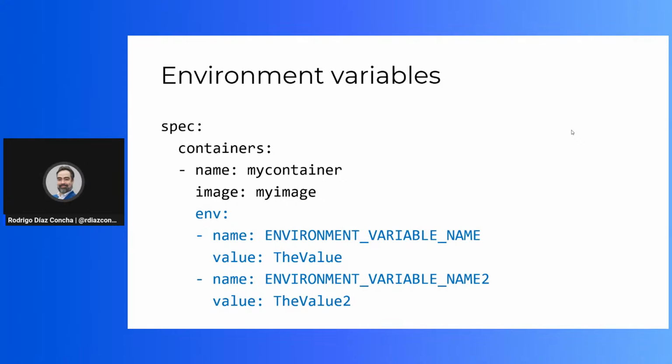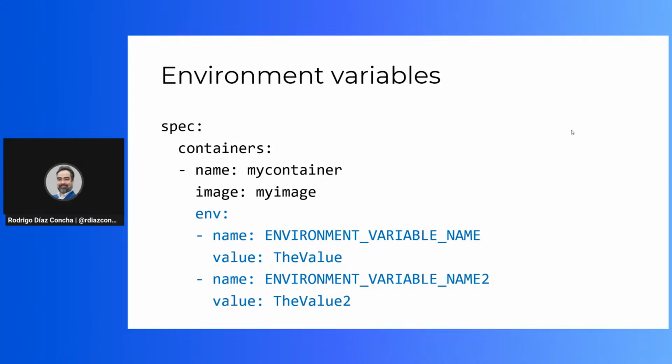Very easy stuff. However, what happens if you don't want to set your values directly in the manifest file? Because remember, most of the time, those manifest files will be stored in the source control repository, right? So it doesn't make sense to store a hard-coded value.